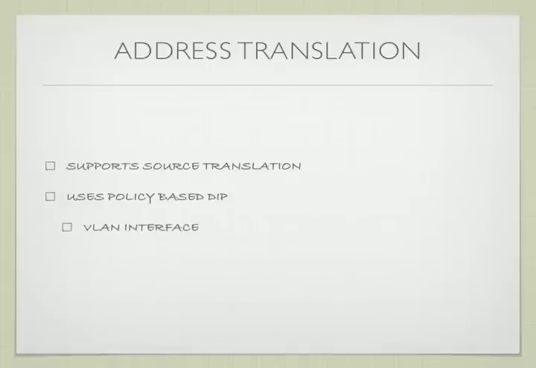And you're going to be using this on the VLAN interface, that special VLAN 1 interface that's configured on the device. And when you create the DIP, you will have to use that extended interface option, because the IP address for the translation will no doubt be outside the broadcast domain that you're inserting in layer 2.